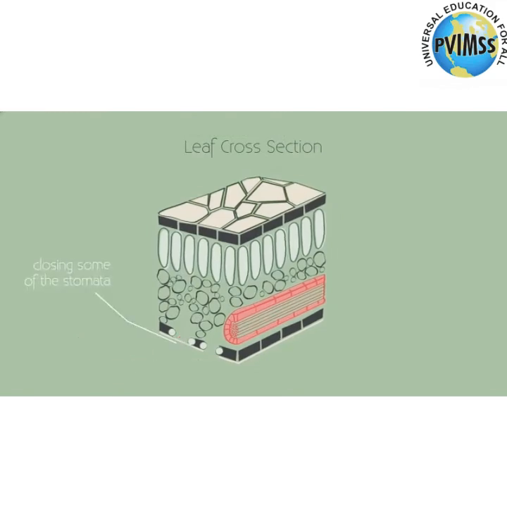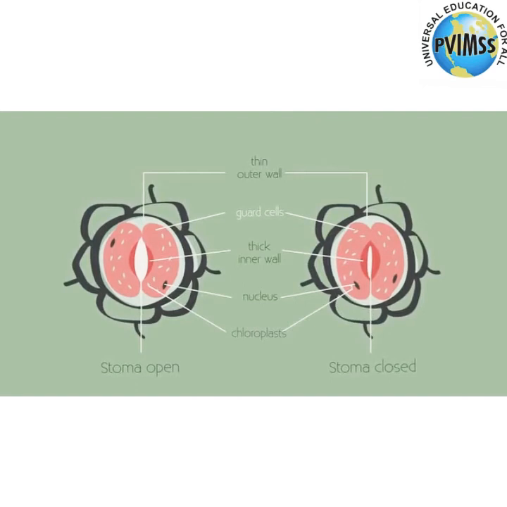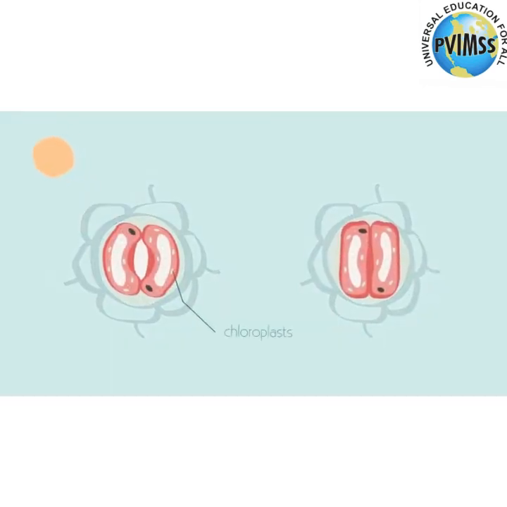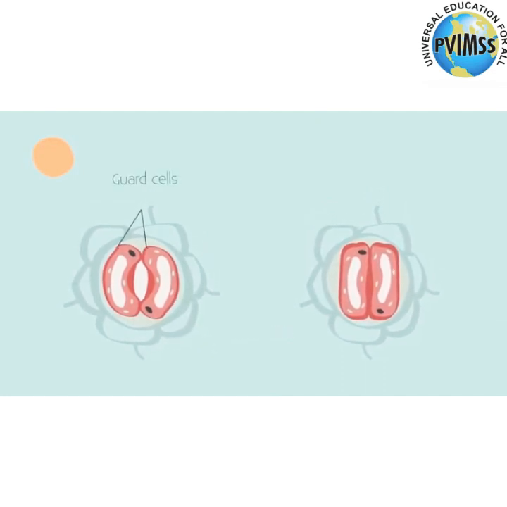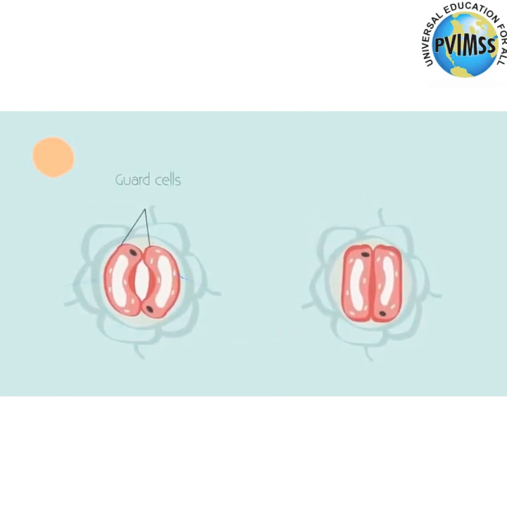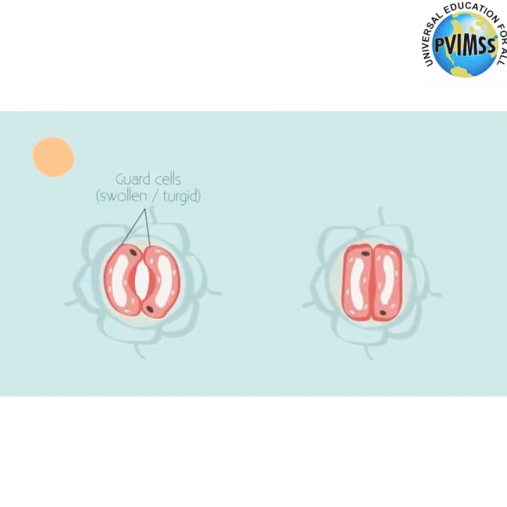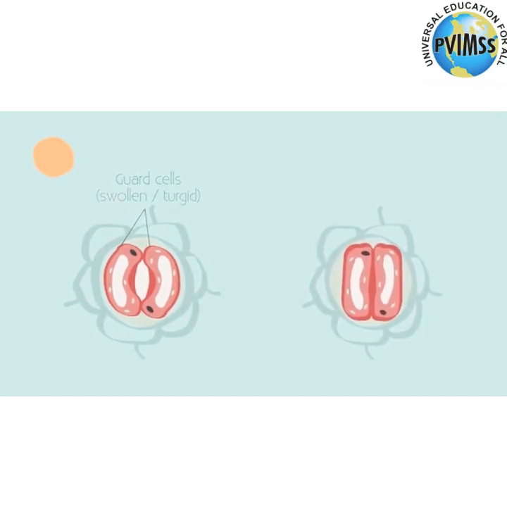Stomata are mainly found on the lower side of the leaf. Each stoma is surrounded by two sausage-shaped guard cells which control the size of the hole. During the daytime, when a plant has plenty of water, the pressure inside the guard cell rises and the stoma will open.